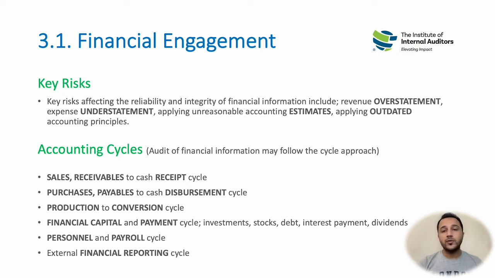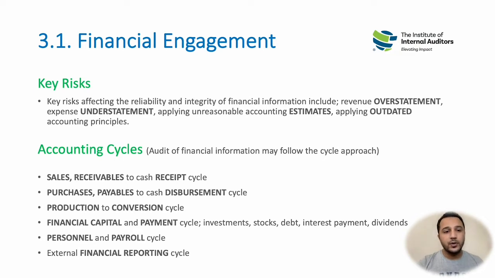Then the production to conversion cycle, starting from having the raw material, taking it through the production cycle, and then turning it into a final product. Then the financial, capital, and payment cycle. This section comprises our investment and treasury related matters: investments, stocks, debt, interest payments, dividends, and how the company is dealing with these areas.